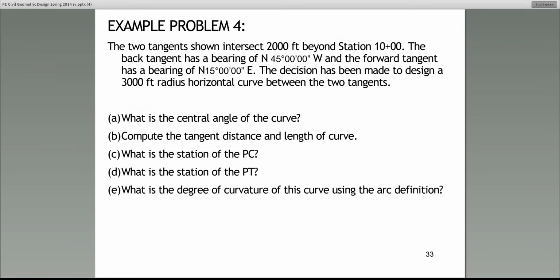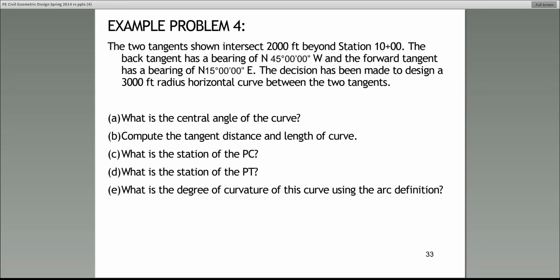All right? The two tangents shown on the next slide intersect 2,000 feet beyond the station 10 plus 00. The back tangent has a bearing of north 45 degrees west, and the forward tangent has a bearing of north 15 degrees east.